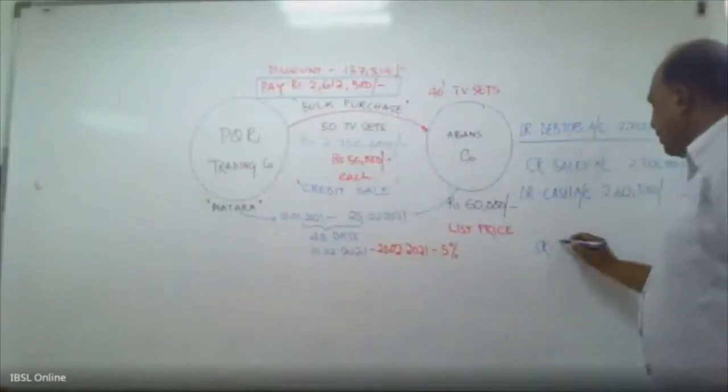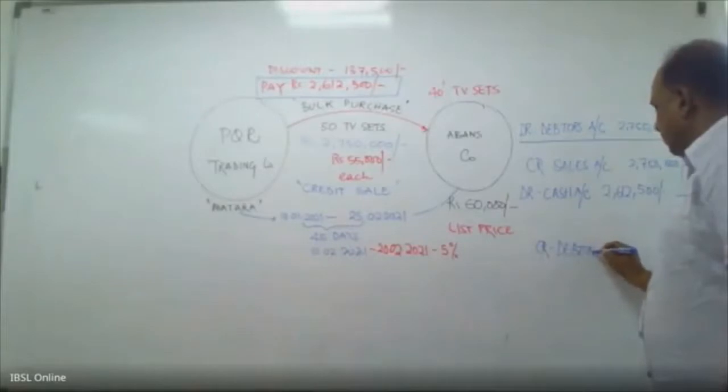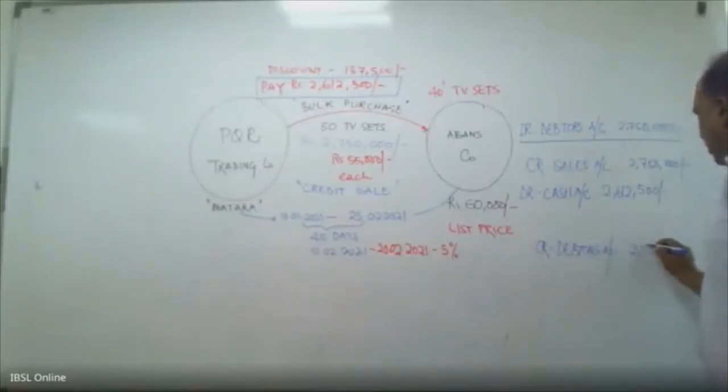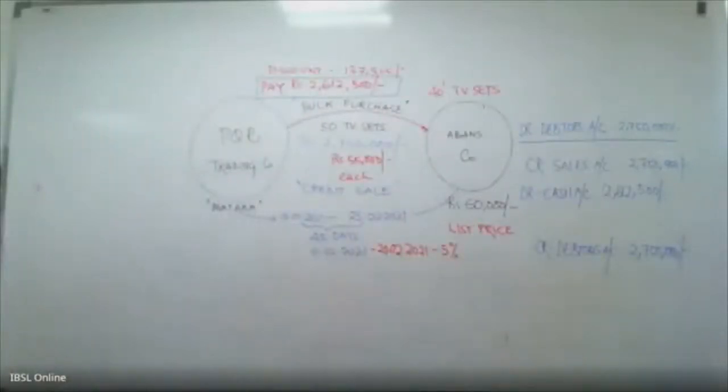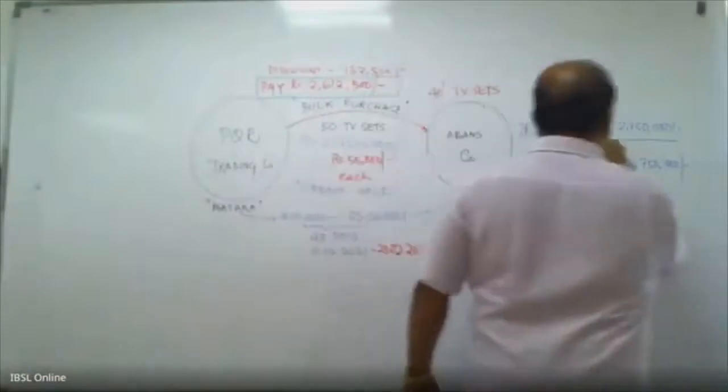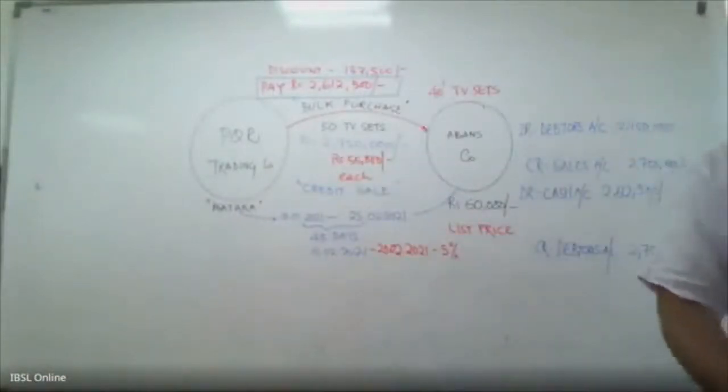So now you will credit the debtors for 2,750,000 so that you will not have any amounts due. Right? I am talking about the books of Aban's company.